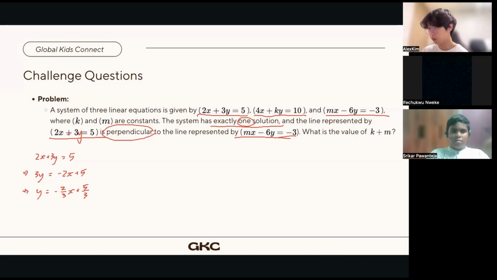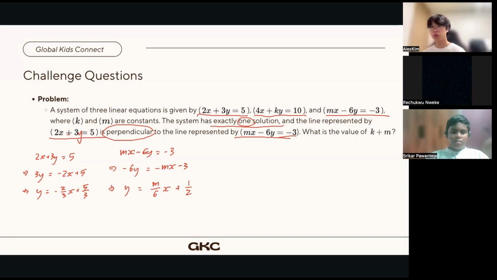And then we do the same for the second equation, which was mx minus 6y equals -3. The same thing, and then y equals m over 6 x plus 1 over 2.